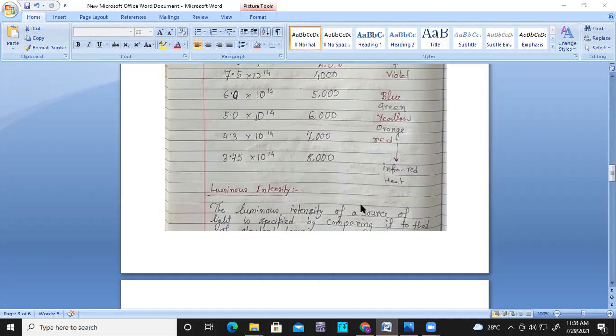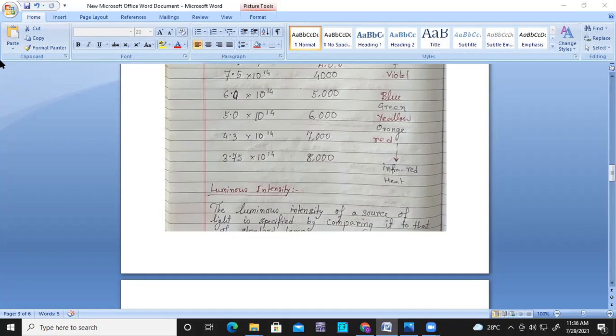Now this candle is replaced by a carbon filament lamp, because a candle is not very specific, but it has some specific rigidity, specific shape.